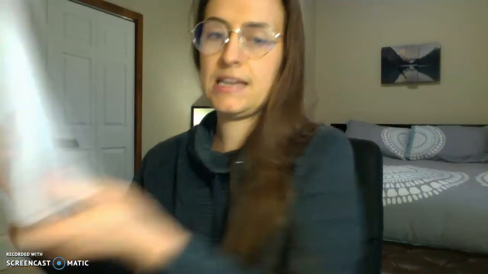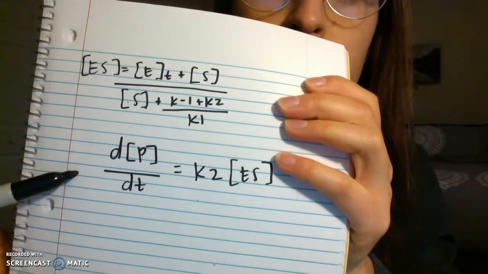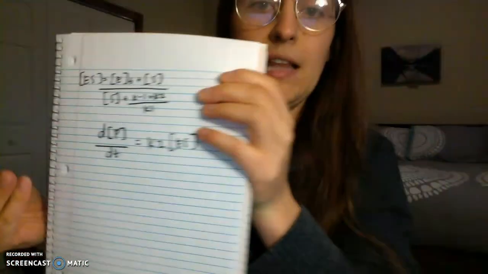So velocity, V, in the Michaelis-Menten equation is another way to explain the reaction rate, or dP over dt. So this part here, dP over dt, we can actually just fill in as V, or velocity, which is part of the Michaelis-Menten equation.